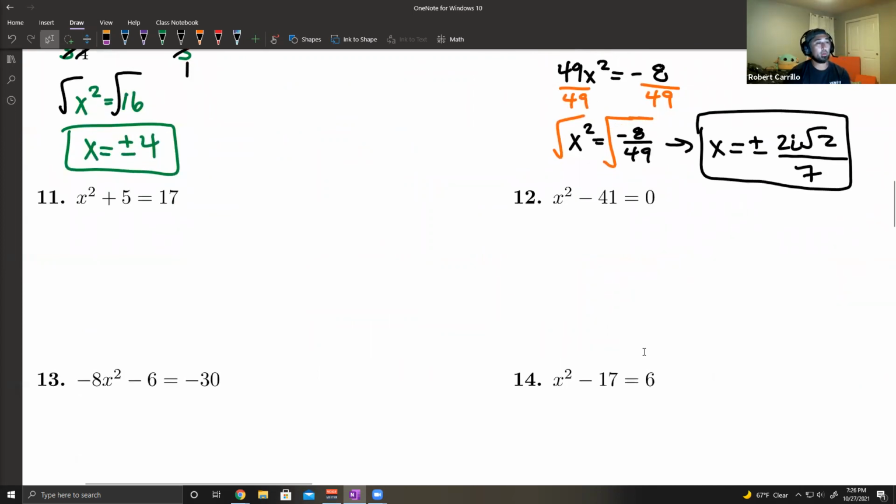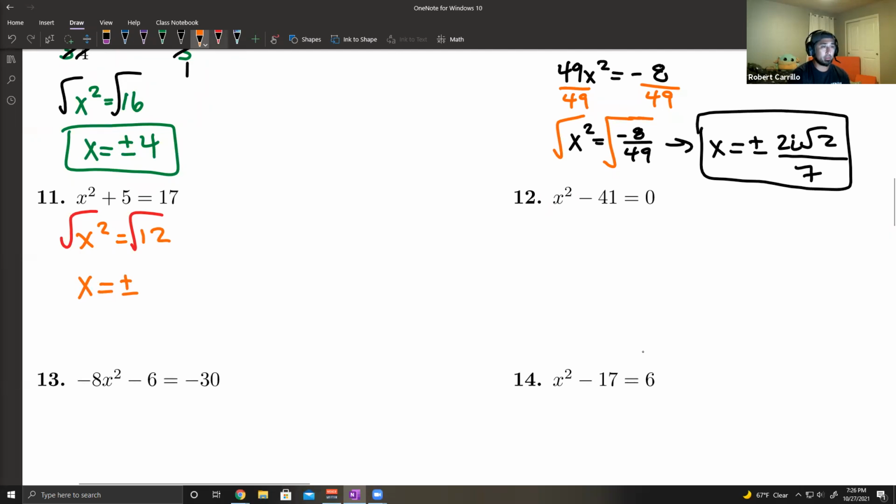Number 11, x squared plus 5 equal to 17. Move that 5 over, subtract it, and you get x squared equal to 12. Square root both sides, and x equals plus or minus the square root of 12.